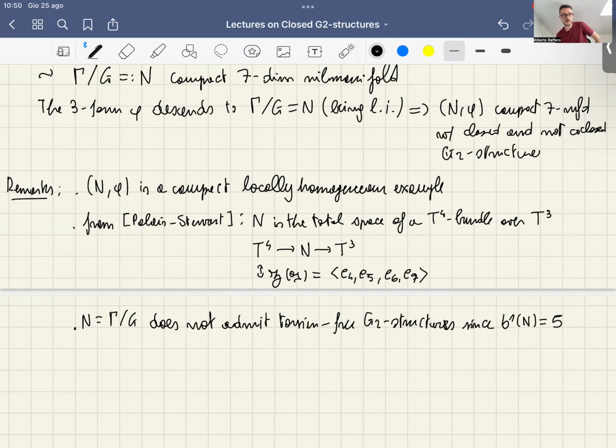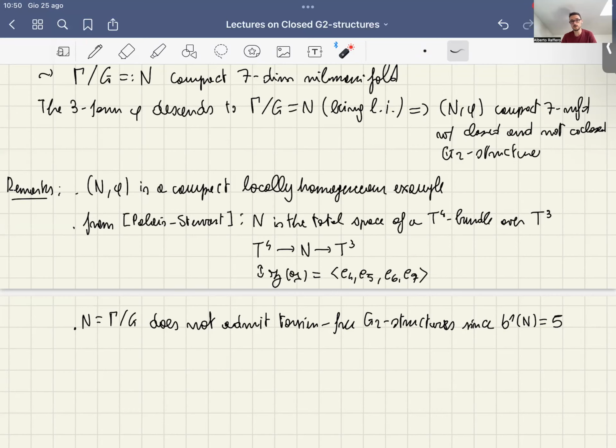And then you can argue by saying that if there exists a torsion-free G2 structure, then it has to be Ricci flat. And then the harmonic representatives of the first cohomology group must be 5 linearly independent. And these would give 5 linearly independent parallel one-forms on the manifold.